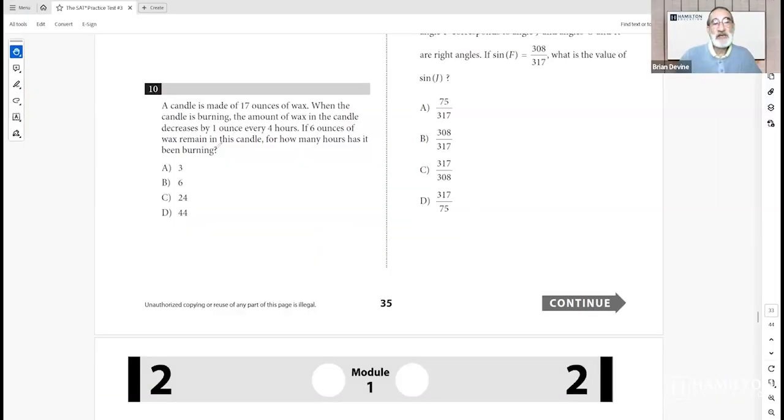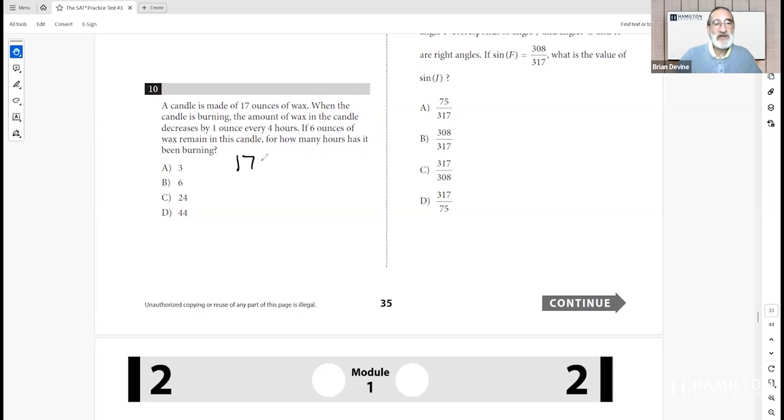Question 10. A candle is made of 17 ounces of wax. When the candle is burning, the amount of wax in the candle decreases by 1 ounce every 4 hours. If 6 ounces of wax remain in the candle, for how many hours has it been burning?